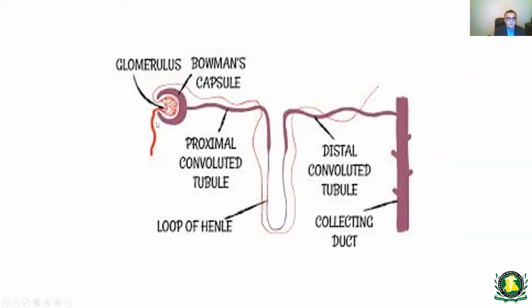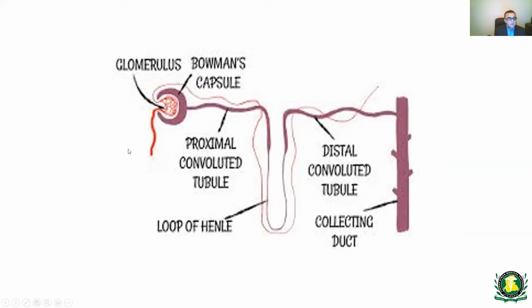Normally in the body, arteriole is followed by capillaries and then venules. Here, arteriole is followed by capillary and then arteriole again, and this efferent arteriole continues as a peritubular capillary, and then eventually becomes a venule and finally drains into the renal vein.